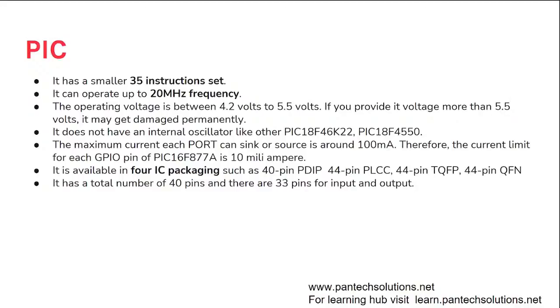PIC 16F8777 comes in 4 different types of packaging. It is available in dual in-line package, 40 pin DIP IC, and also 44 pin PLCC, plastic lead chip carrier, 44 pin TQFP, thin quad flat package, and 44 pin QFN, quad flat package.